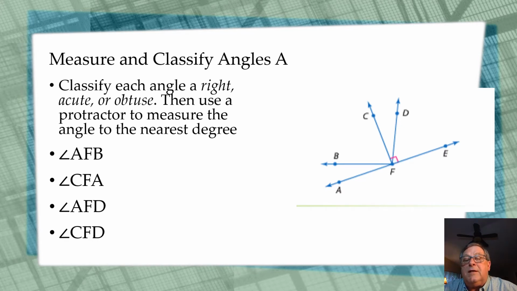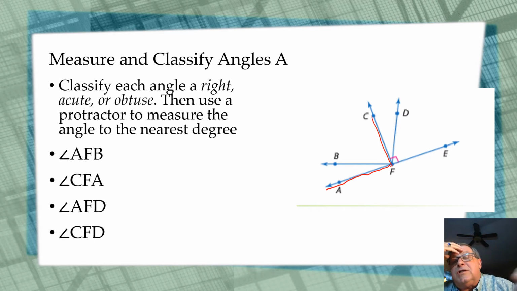So first I want to identify CFA. Start at C, and F is going to be the vertex. And so there's CFA. Now, if I look at points A, F, and E, those are on a line.